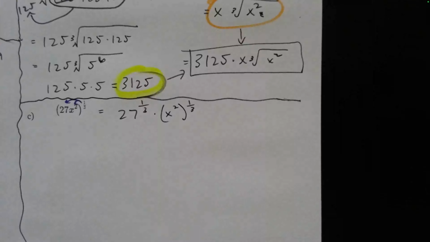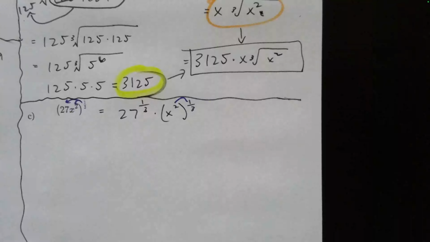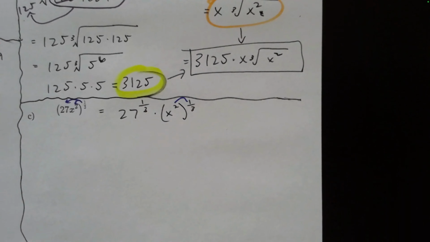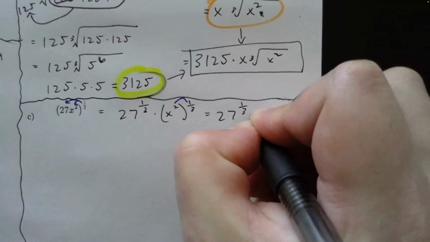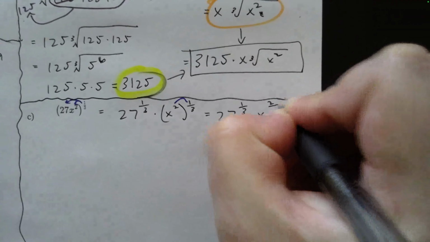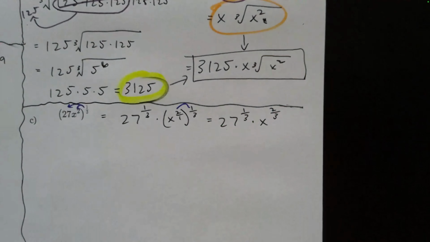Still have parentheses. Multiply the exponents. You get 27 to the 1/3, and then you get x to the 2/3, because 2 over 1 times 1 over 3. There are no negatives for this guy.